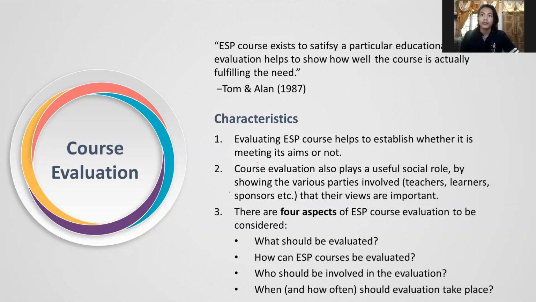There are actually two characteristics. The first one is evaluating an ESP course helps to establish whether it is meeting its aims or not. And then the second one is that course evaluation also plays a useful social role by showing the various parties involved, such as teachers, learners, sponsors, and etc., because their views are really important.